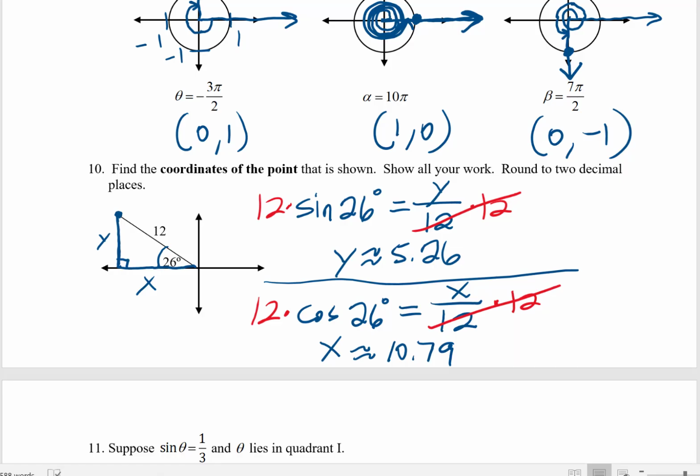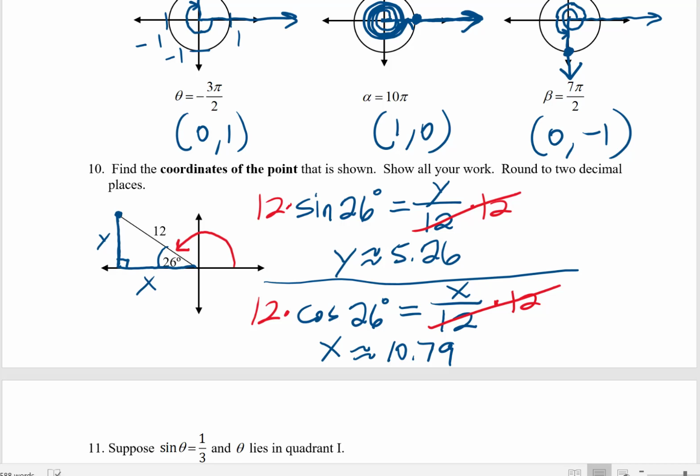Now, here's the only tricky part. I'm not in the first quadrant in this picture. This angle that's drawn there in the second quadrant is not actually 26 degrees. Here's the actual angle. 26 degrees is the reference angle. I've done my calculations pretending that my angle was 26 degrees, and that's fine.